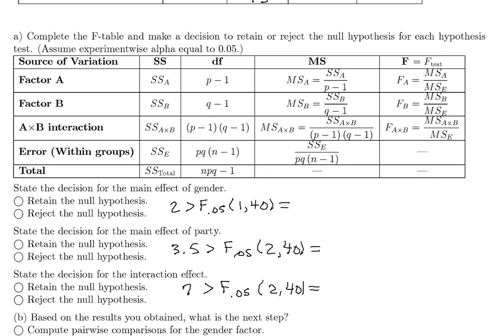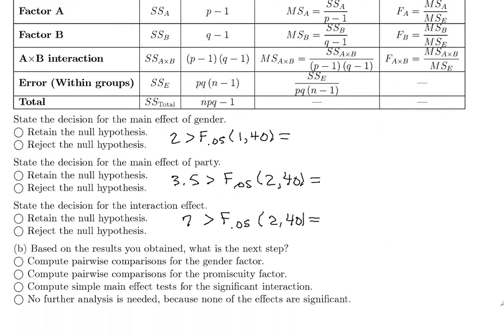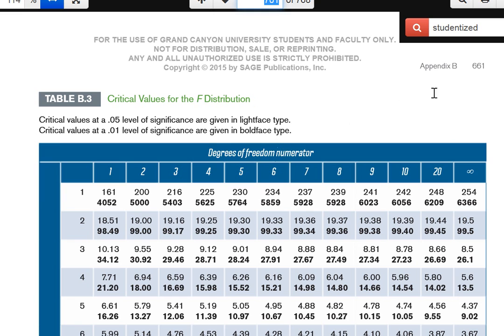So now we go to page 661 in the back of the book and look up these critical values. Remember, that's the studentized range. Or I'm sorry, that's the critical values for F on page 661. Our degrees of freedom numerator for the first one was 1, and then the denominator was 20.